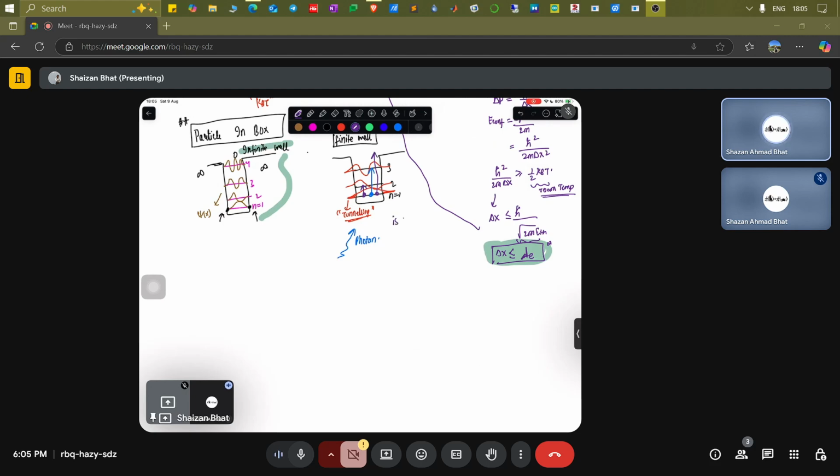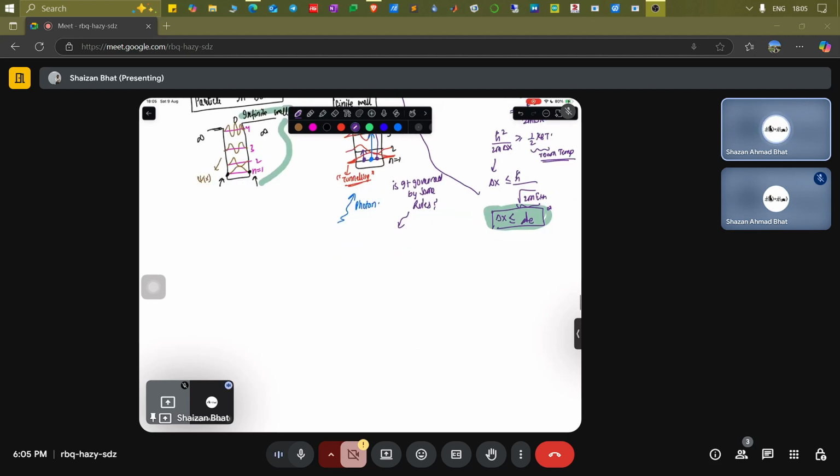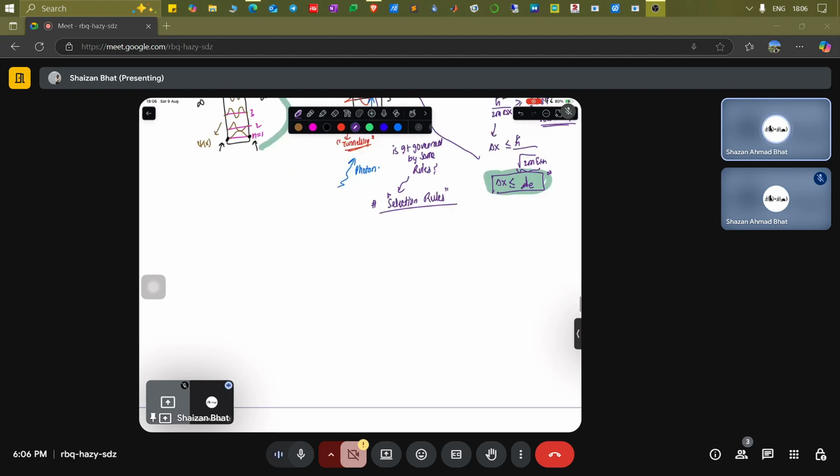Or is it governed by some rules? It turns out yes, and those rules are basically selection rules. It's just a name, it doesn't matter unless you know the mathematics behind it. These selection rules tell you which of the transitions are possible.